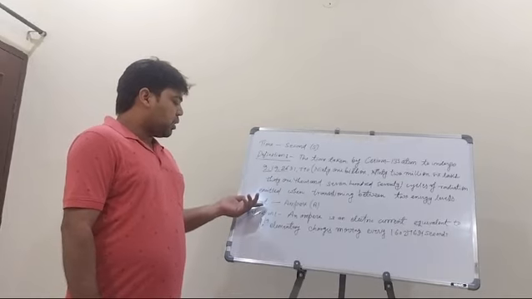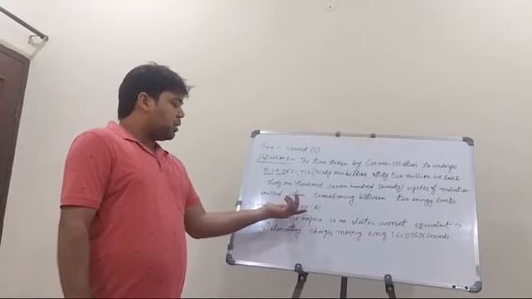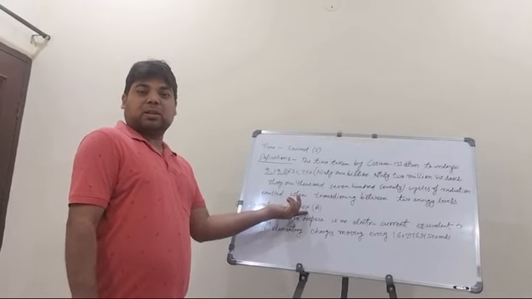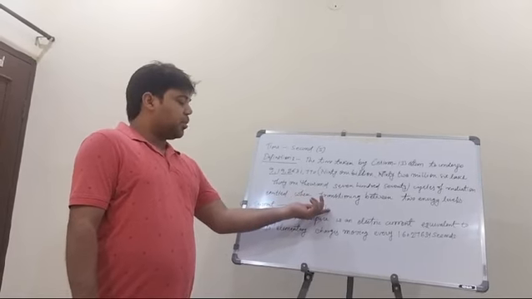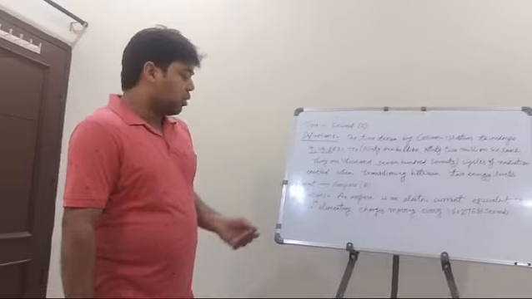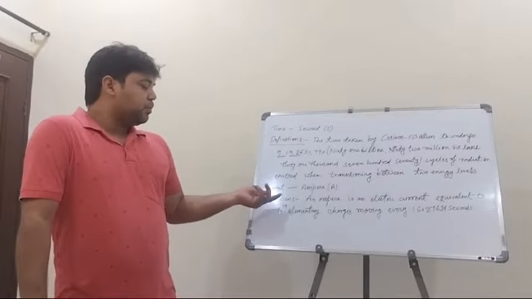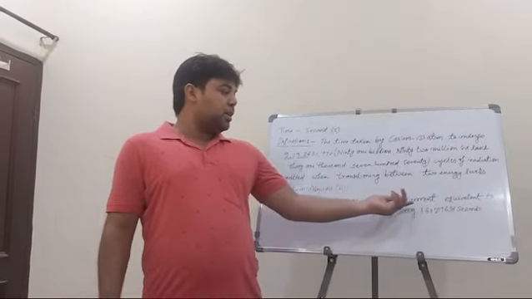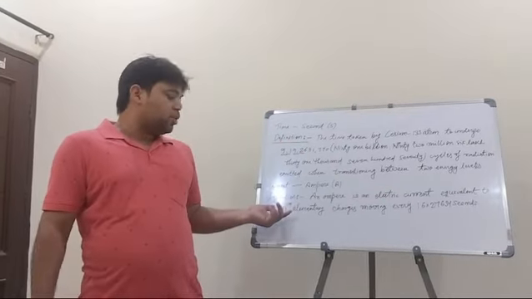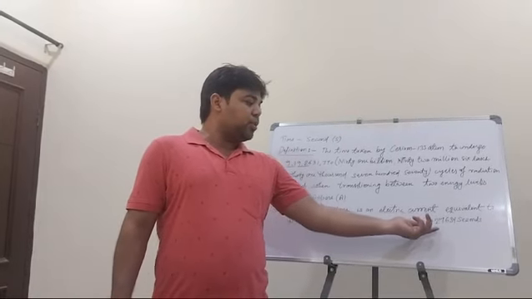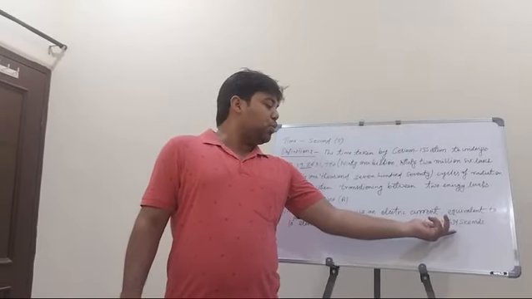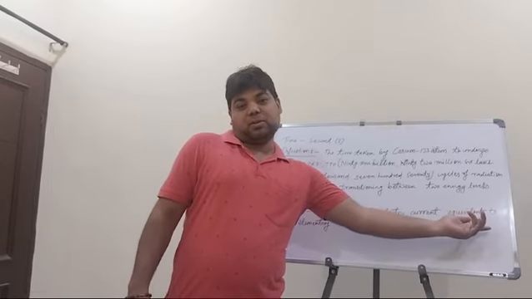Now let us go to current and its unit, which is another SI unit, named ampere and represented by capital A. So let us go to the definition of the ampere. An ampere is an electric current equivalent to 10 to the power 19 elementary charges moving every 1.60217634 seconds.